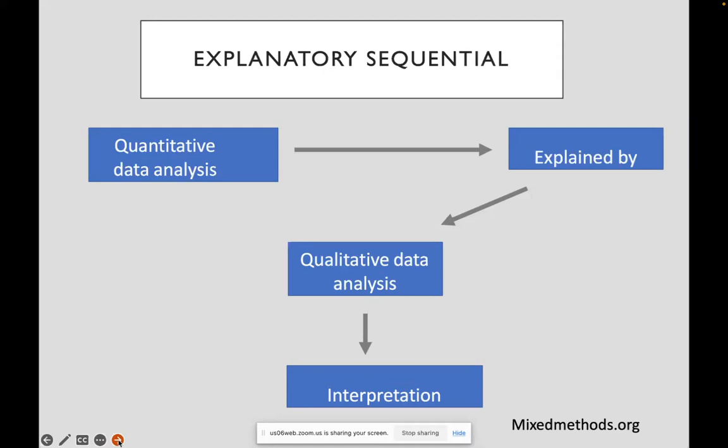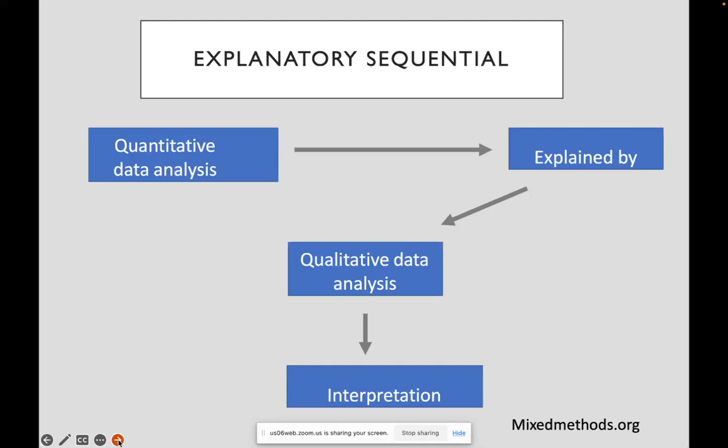Explanatory sequential is where you're looking at the quantitative data, and then you use the qualitative data to explain what you found. So we looked at 14 studies that found that these kinds of air pollution impact children disproportionately, and this particular use is going to produce this kind of air pollution.